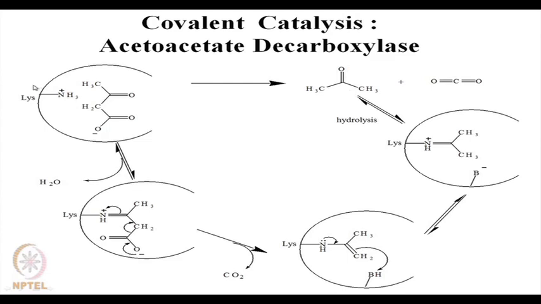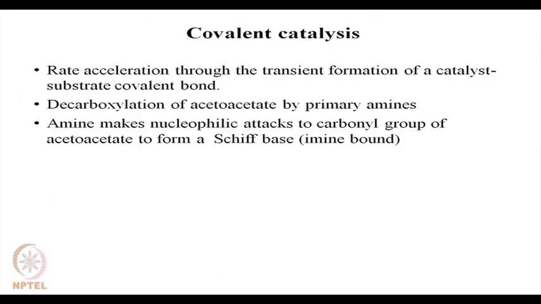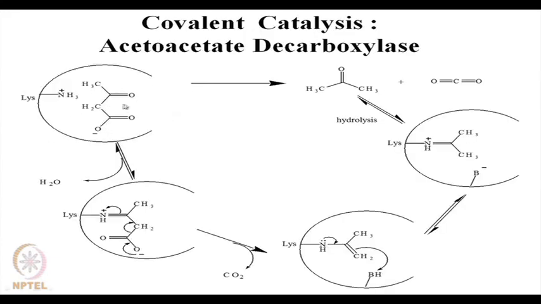So, this is the schematic of covalent catalysis, where acetoacetate decarboxylase is the enzyme which carries out decarboxylation of acetoacetate. Now, covalent catalysis: rate acceleration through transient formation of a catalyst-substrate covalent bond. So, by this covalent bond formation, the reaction rate is accelerated.